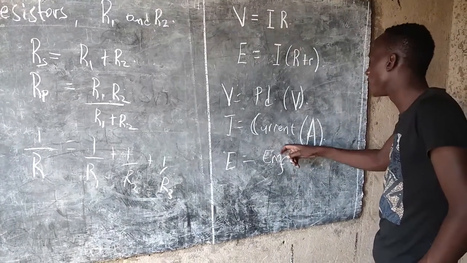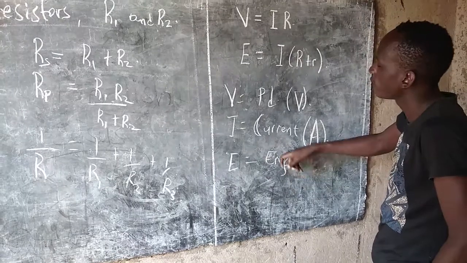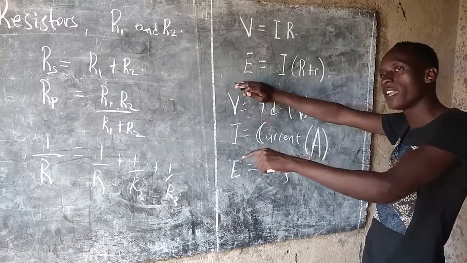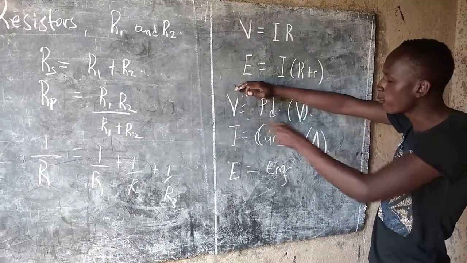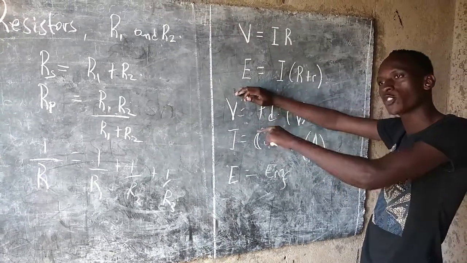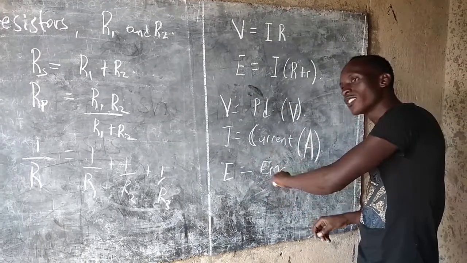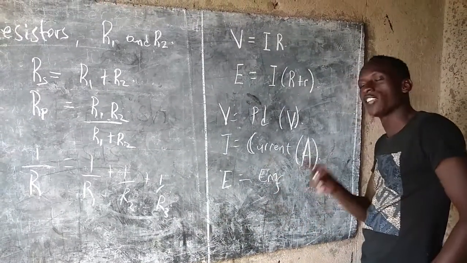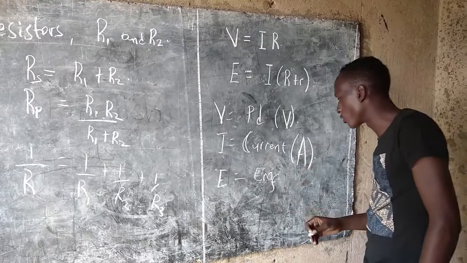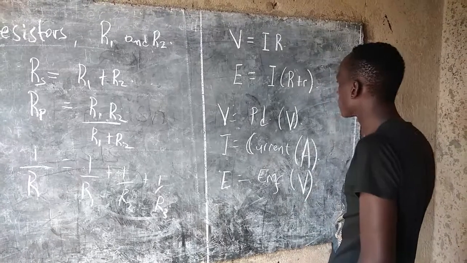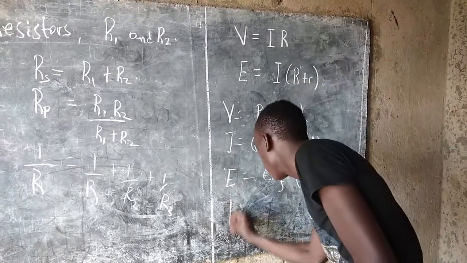To differentiate it from PD, PD, remember, is the work done to move a column of charge across two particular points or across a particular component in a circuit. But when it comes to EMF, it involves the driving of that charge in the entire circuit. So it is also measured in volts.